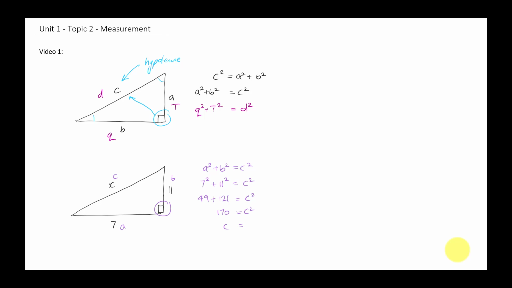So C is equal to the square root of 170. And so we just do that calculation quickly. And we get 13.038448... and we can round that to 13.04. And whatever the units are, we don't have units here.